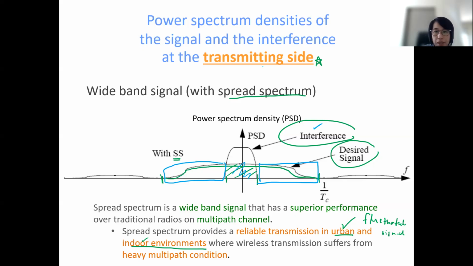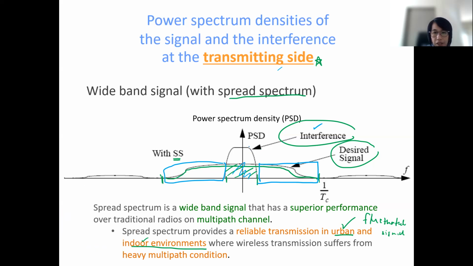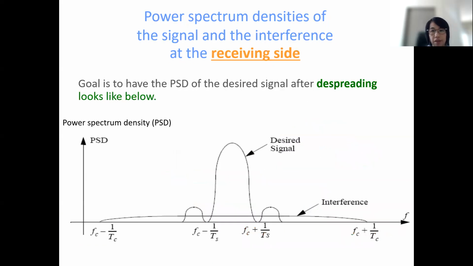Then this is the transmitting side, right? Imagine that these two blocks arrive at the receiver. At the receiving side, the goal is to recover the spectrum density of the original desired signal with its narrow band, before the spreading.